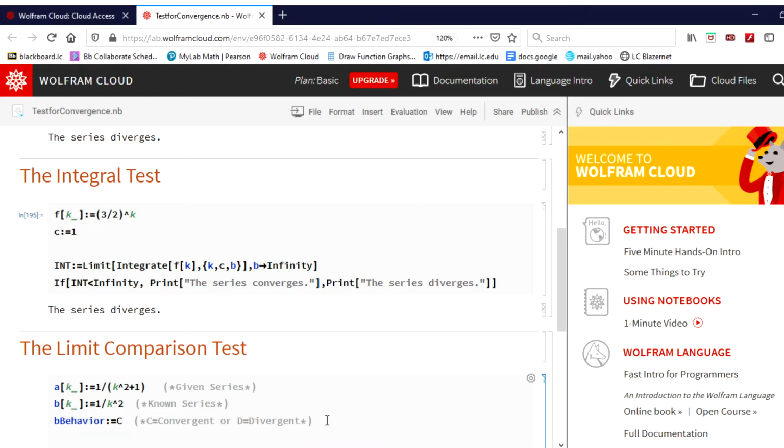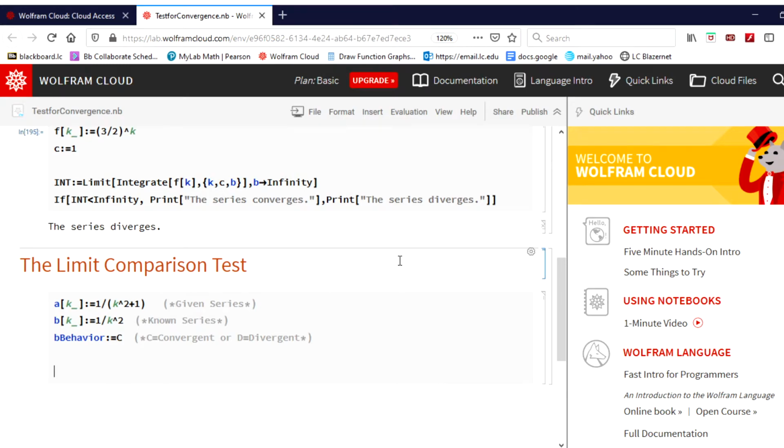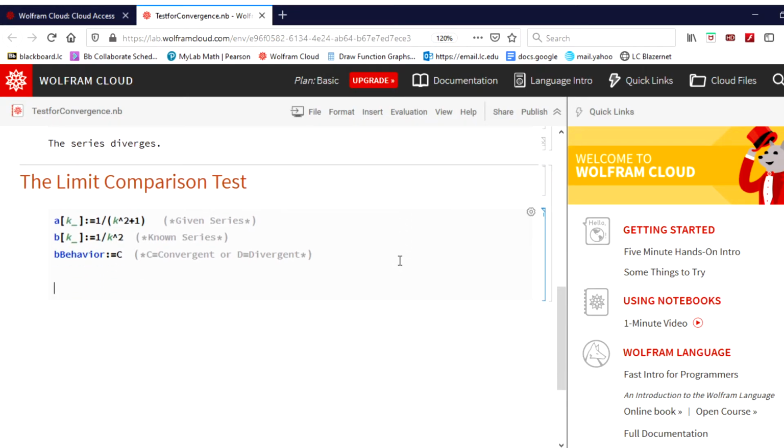Now, as for the test itself, that depends upon the value of a limit. The limit of the given series divided by your known series as k heads to infinity.